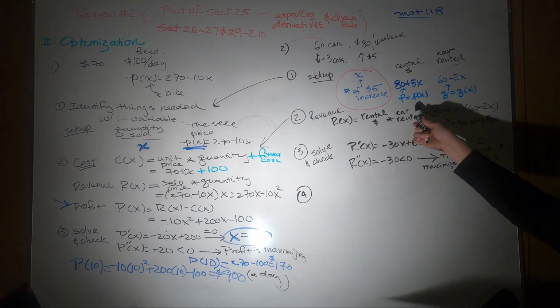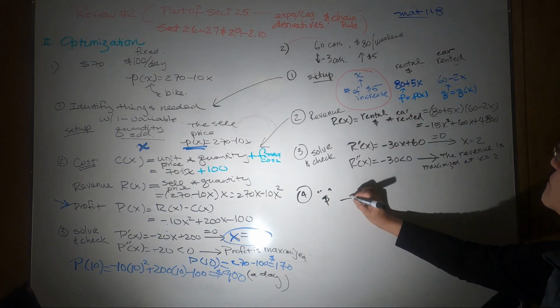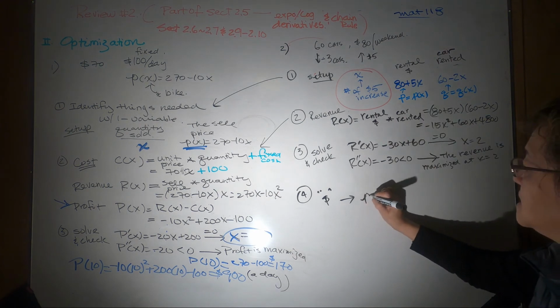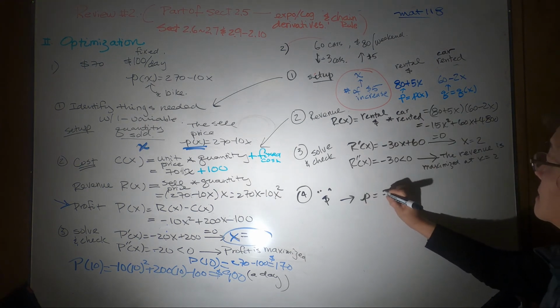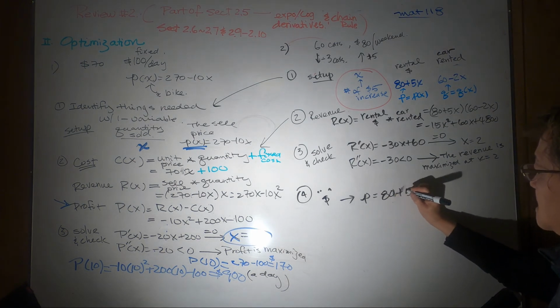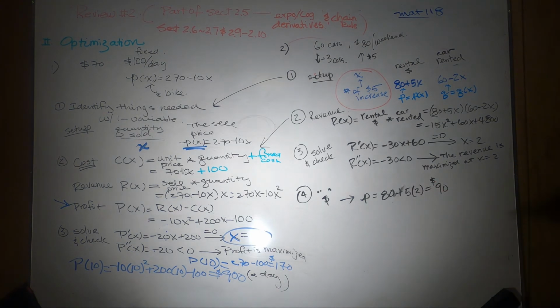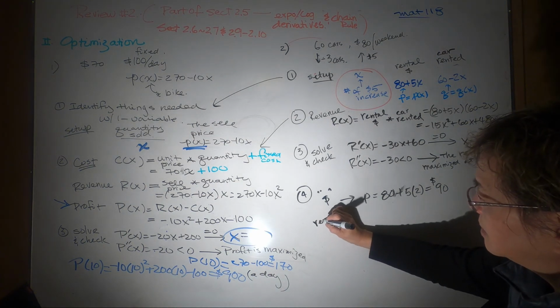So the price is what? The price will be here, right? P equals 80 plus each increase of $5 for 2 of them. So you will rent at $90, right?